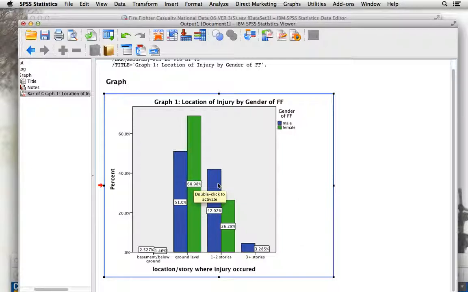On the other hand, a much higher percentage of male firefighters are injured in buildings 1 to 2 stories versus females. And a very small percentage of injuries occur below ground or 3+ stories. So essentially that's your comparison that you would do. For those of you who I mentioned who have this task, you would do this procedure.